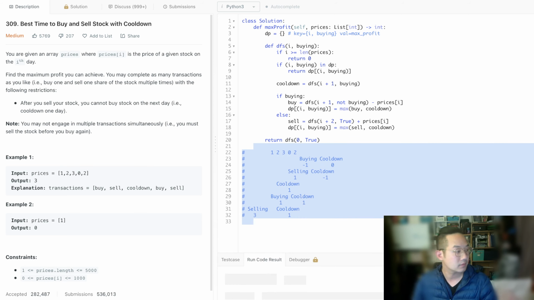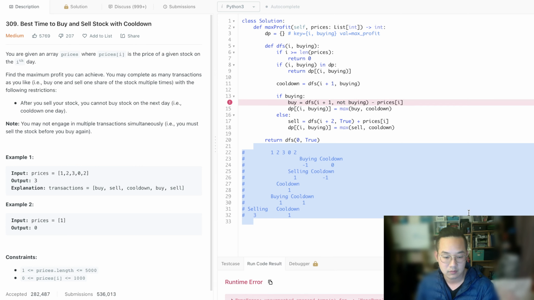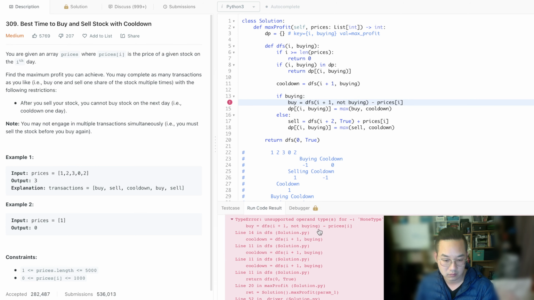Run the code. Oh, what's going on here? None type?